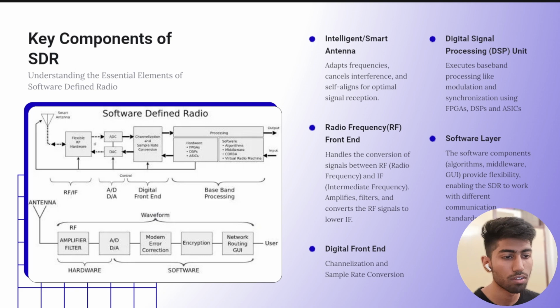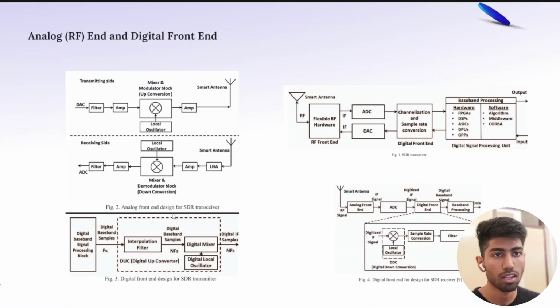In the next diagram, there is an analog end and a digital front end. The analog end, as I have said, converts digital to analog for transmission, and analog to digital for receiving. For transmission, after converting from digital to analog, we use a filter and amplifier to filter unwanted signals and amplify it for transmission.